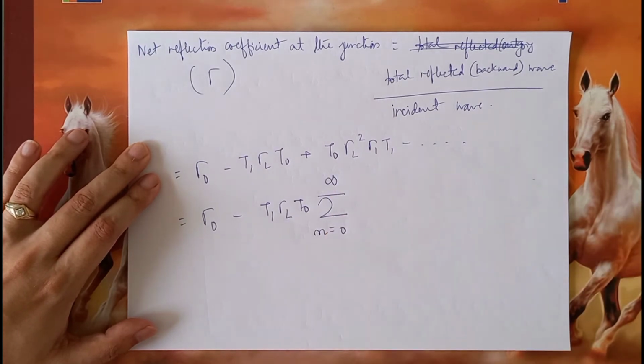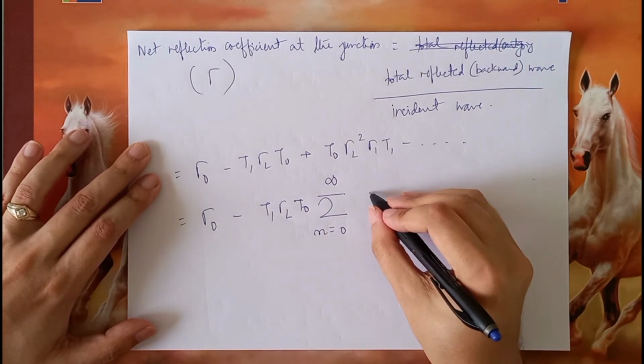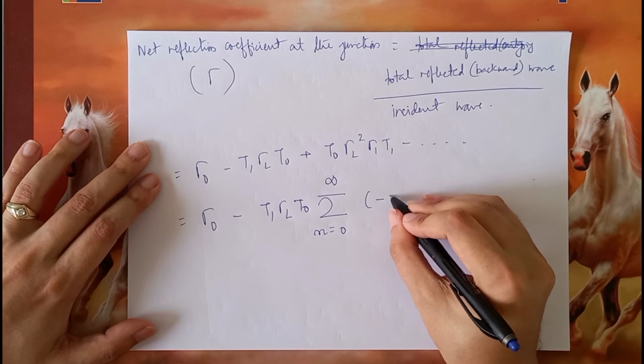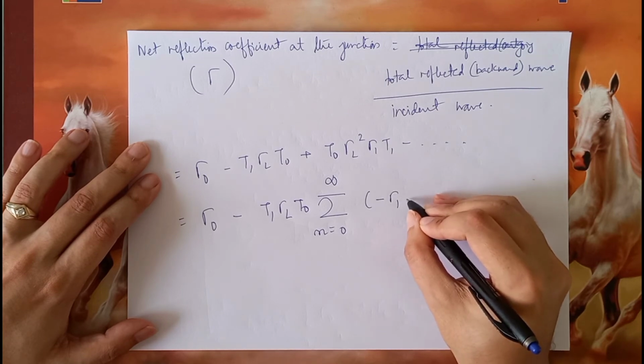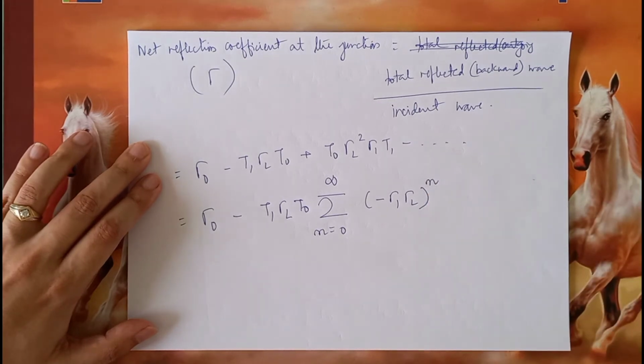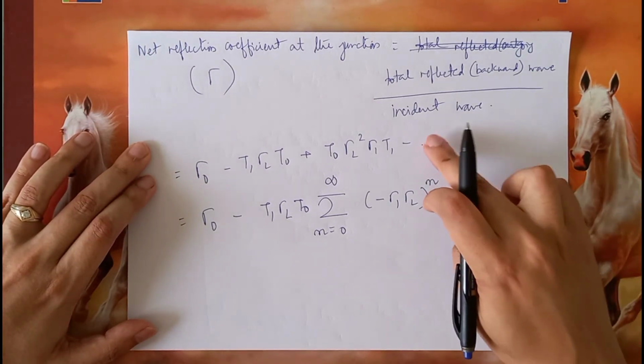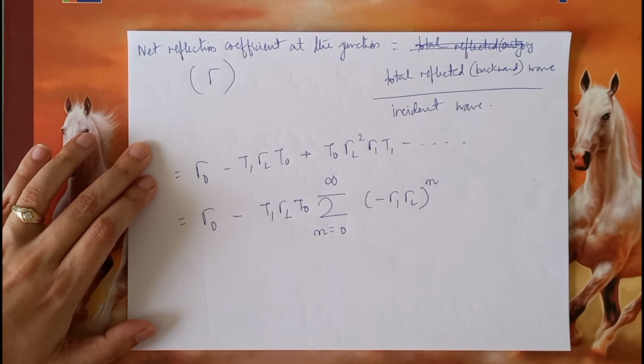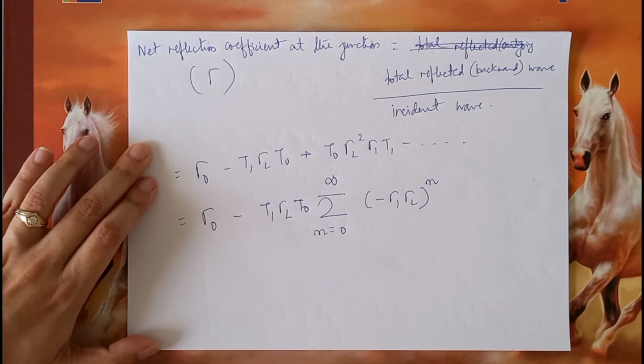There are infinite number of reflections and the geometric term is minus gamma 1 gamma L whole raised to n. You can take one more term from the bounce diagram and convince that this is indeed the case. Right?